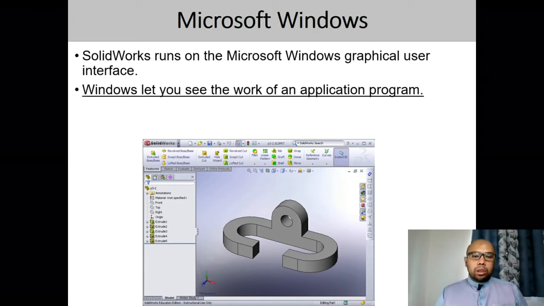Windows lets you see the work of application programs. Students buying a new laptop normally have, if I'm not mistaken, Windows 10 now. Sometimes Windows 10 is not compatible with new software, so please make sure you have the right Windows in order to install SolidWorks 2019.